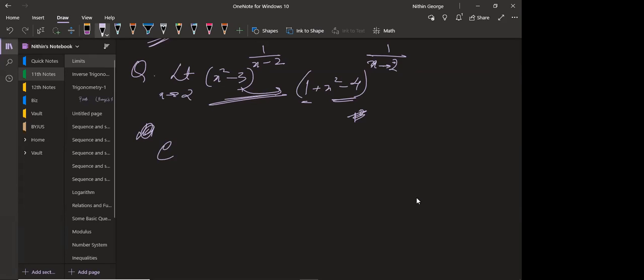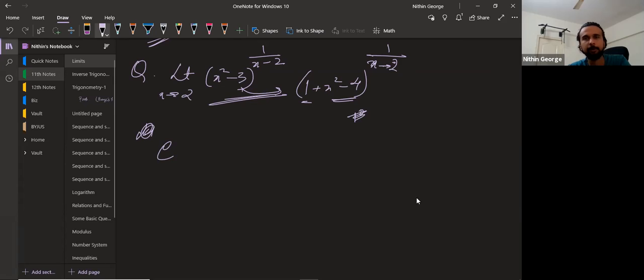So you get e power f of x into g of x. F of x, you know, is x minus 2 into x plus 2. And you're putting limit x tends to 2. This becomes e power 4 here.